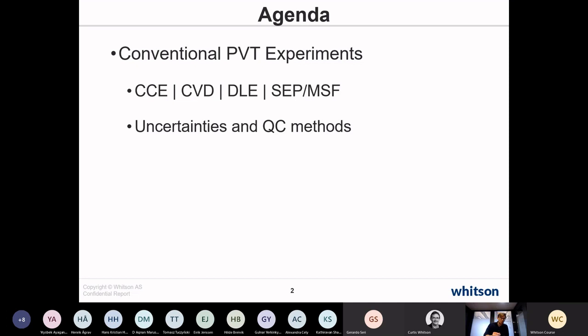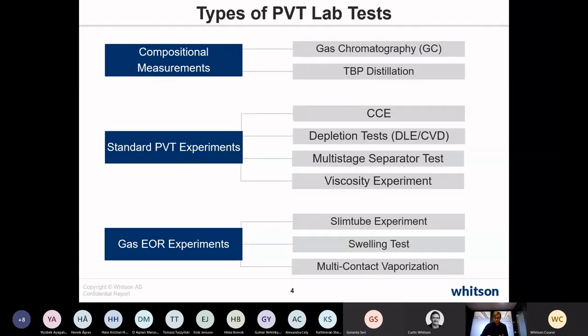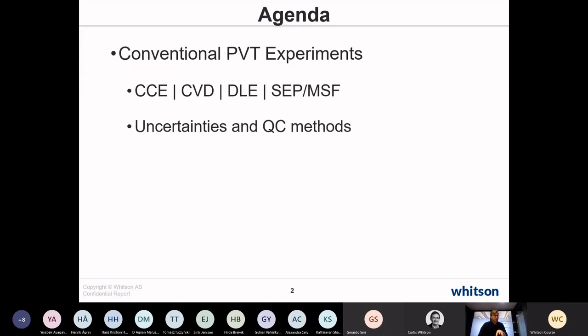In this part we'll not cover sophisticated experiments such as gas EOR experiments. That's going to be a topic for Friday, I'm pretty sure. But we'll focus on these PVT experiments that you find in every single PVT report, and that you also find in the PVT reports provided as a part of the digital material.